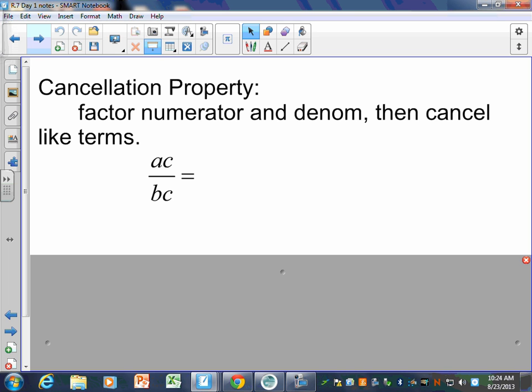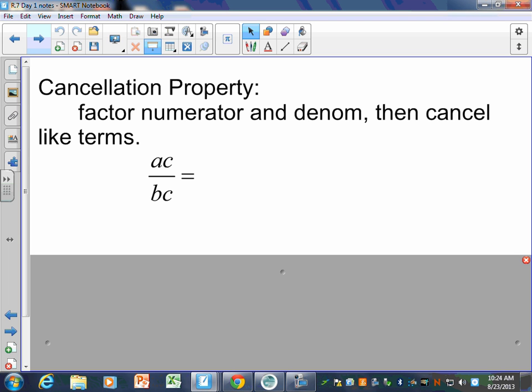So, when we're talking about simplifying, we want to be aware of the cancellation property. I tried to summarize this so you didn't have to write so much. Basically, you want to factor the numerator and the denominator, and then you can cancel like terms.